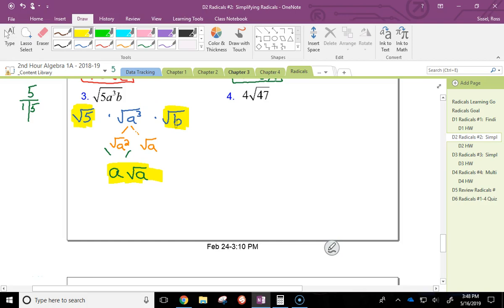When I go to multiply these, I'm going to put these in order. I have an a on the outside. Inside my square root, I have a 5, I have an a, and I also have a b.